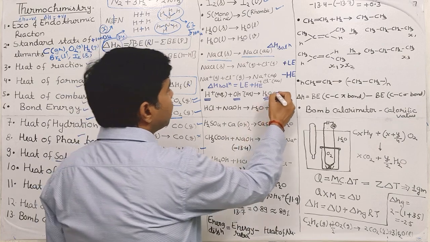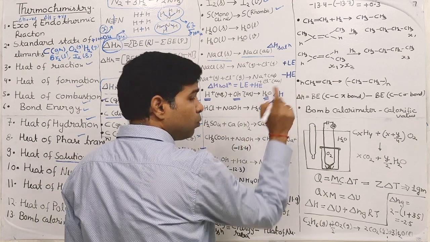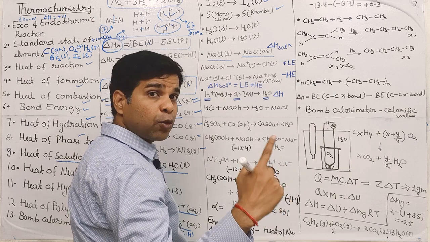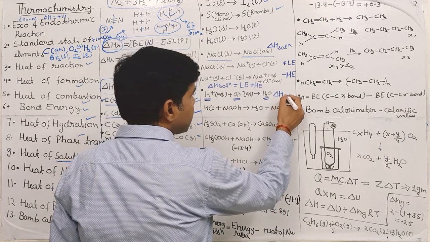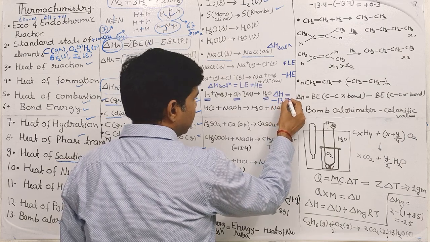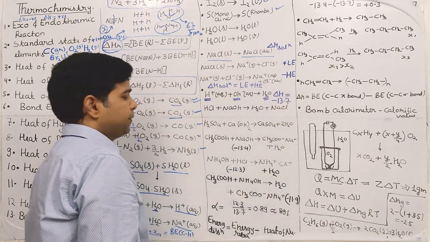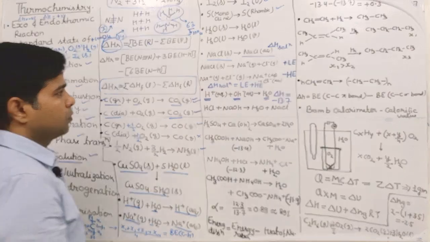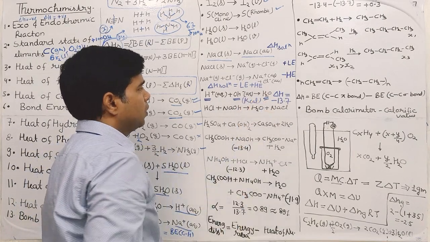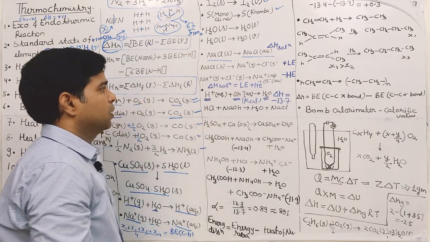And whenever 1 mole of H+ and 1 mole of OH- react together, they always release energy equal to minus 13.7 kilocalorie.